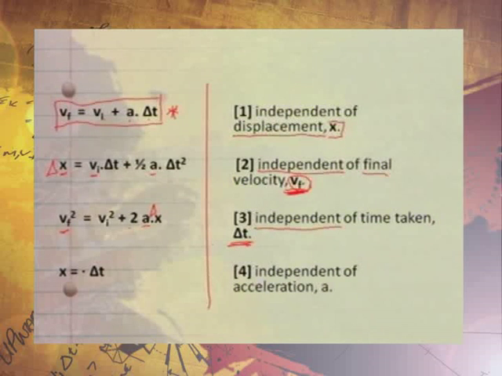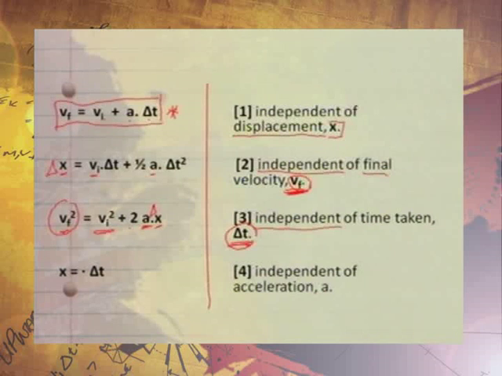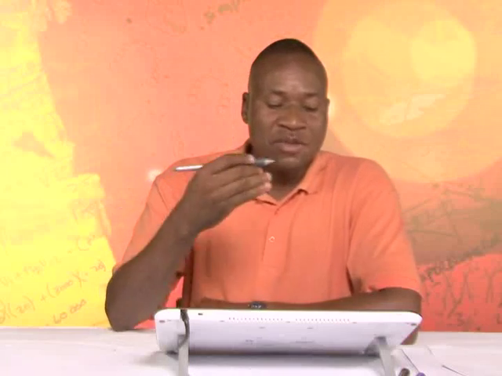So you can work out the final velocity, initial velocity, acceleration, or displacement, depending on what is given to you, without time given to you. So you must know that if I'm not given time, this is the equation to use.